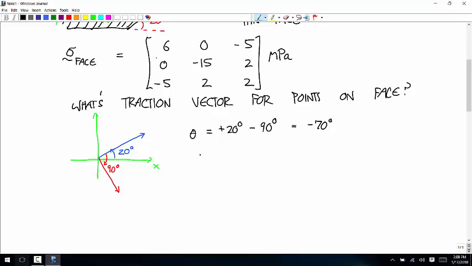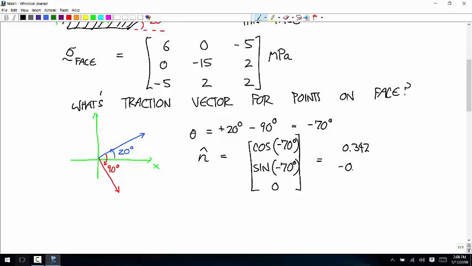And so that outward facing normal is cosine of negative 70, sine of negative 70, 0. And that is 0.342, negative 0.940, 0.